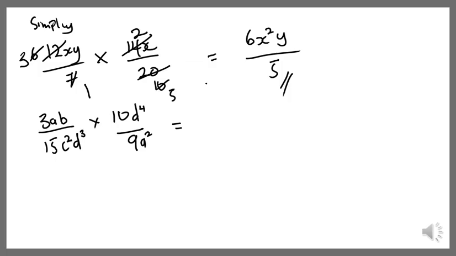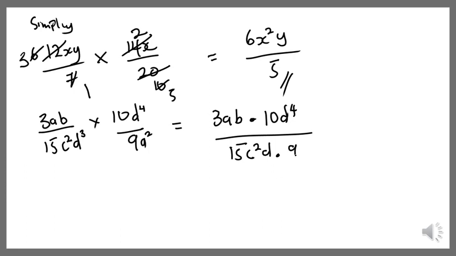You can solve it strategically. You can just write 3ab dot, which represents times, 10d to the power 4 all over 15c squared d cubed dot 9e squared. Definitely 5 will go into 15, 3 times, 5 will go into 10, 2 times, 3 will go into itself 1, 3 will go into 9, 3 times.